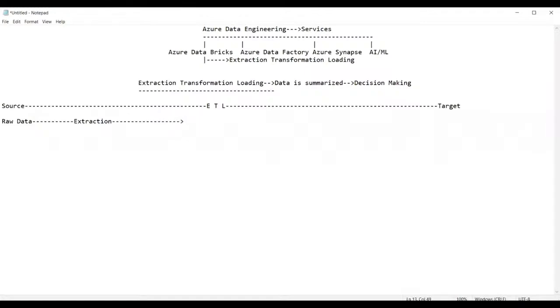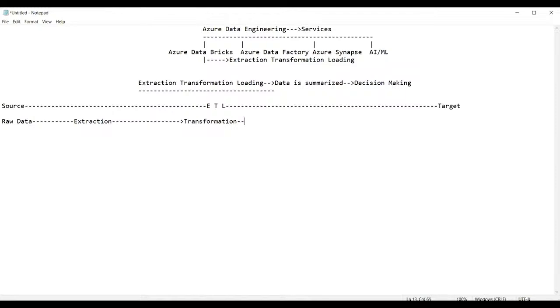After extraction is done, the process of transformation is implemented. Transformation is the actual process where the data is converted into the format required by the customer.